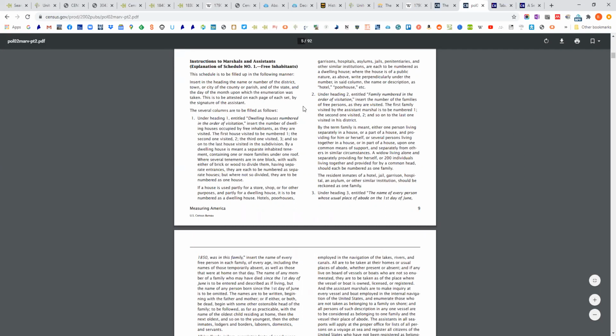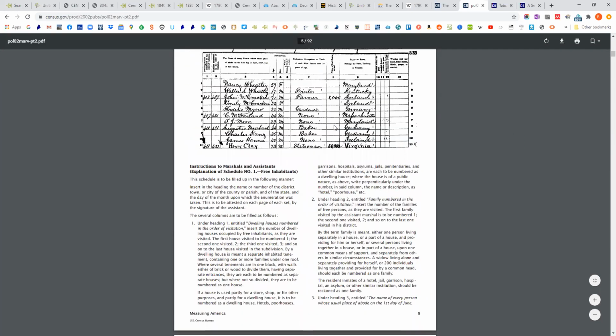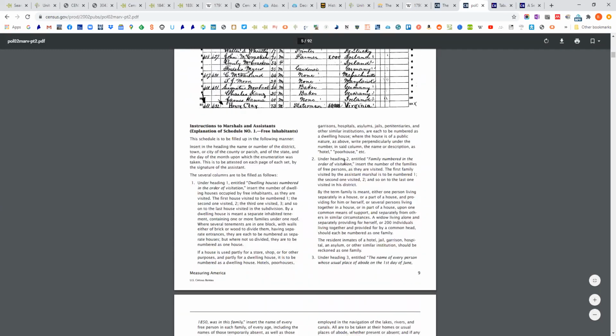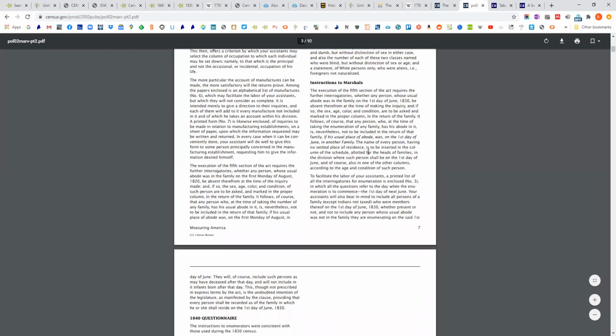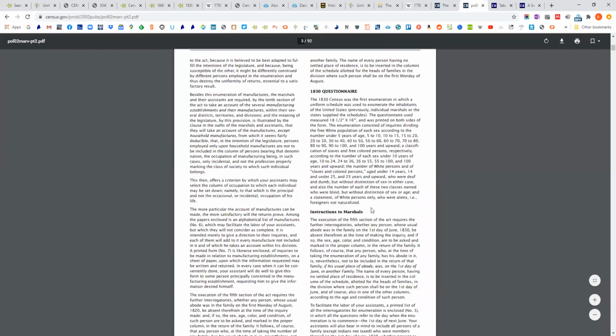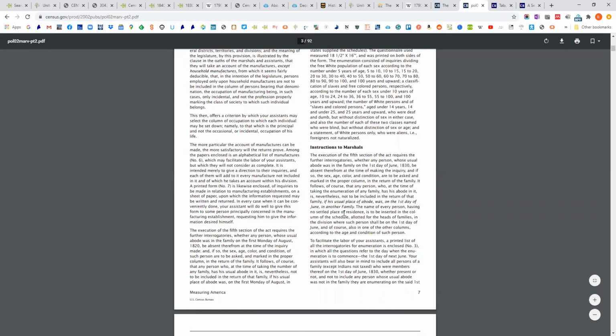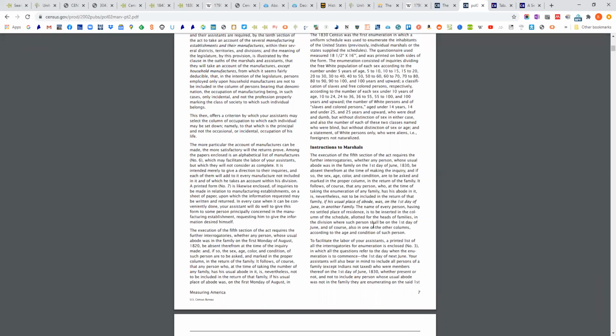And so, it's things like, here we have, this is 1850, so the next year, but the residents of a hotel, jail, garrison, hospital, asylum, etc., should be reckoned as one family. And that's what they would have been doing. How do you define usual place of abode? So, here are the instructions from 1830 about how the marshal was supposed to do that.